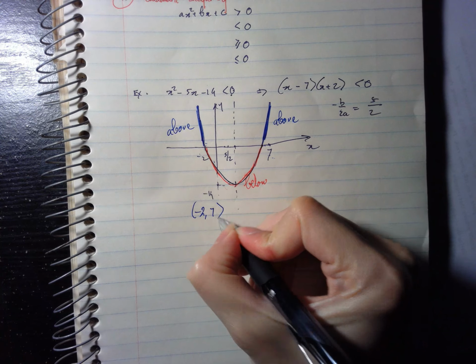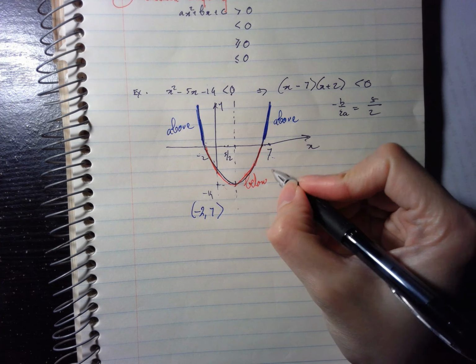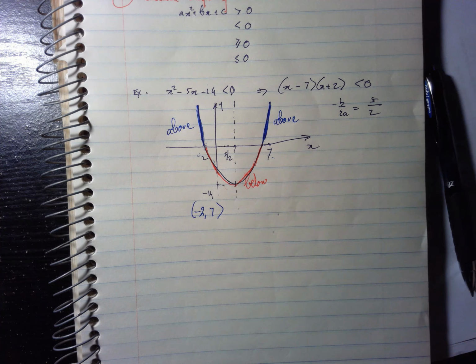What does it mean? It means that between -2 and 7, not including -2 and 7, we have the function that is negative. So below the axis means negative. Above means positive.